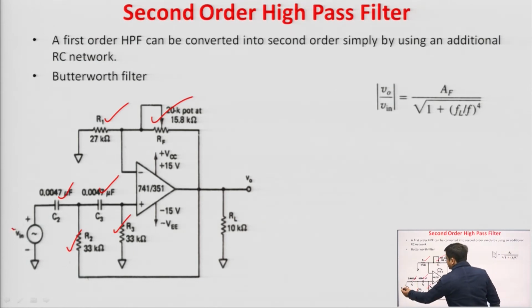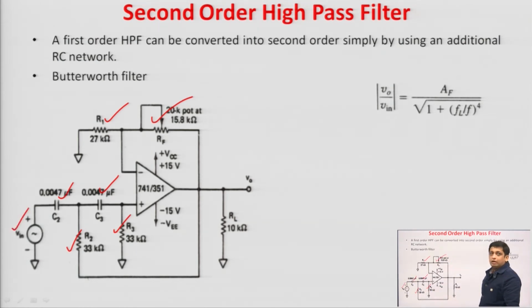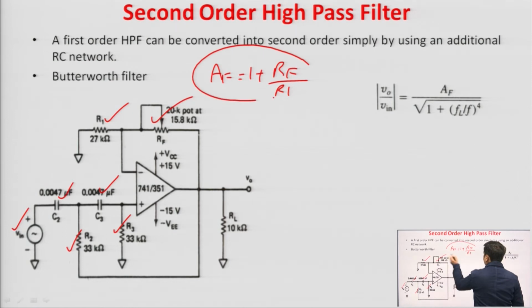Again we can see that this input signal is applied at the non-inverting terminal, so again the passband gain AF will be equal to 1 plus RF upon R1.